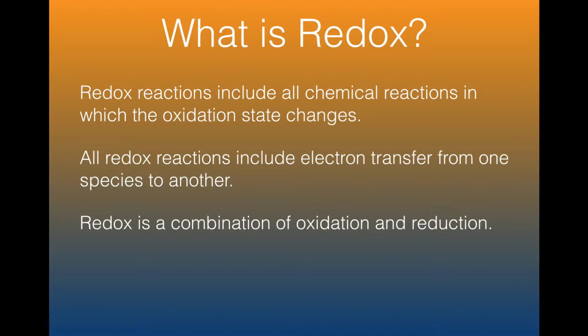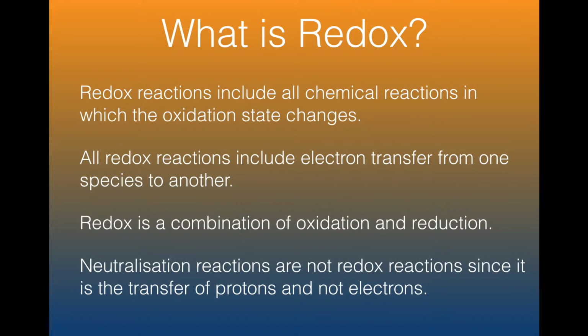Redox is a combination of oxidation and reduction. Oxidation and reduction are both two half equations or reactions. Neutralization reactions, however, are not redox reactions, since essentially neutralization reactions are transfers of protons and not electrons.